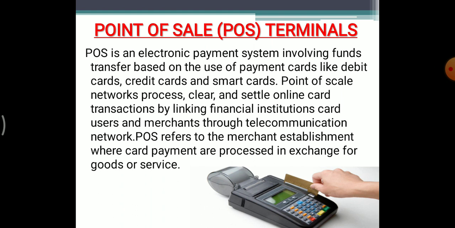It is a payment system which enables goods and services to be paid for, transmitting the details of the transaction over a communication network to both the customer's and the retailer's banks. So this is about the point of sale terminal machine.